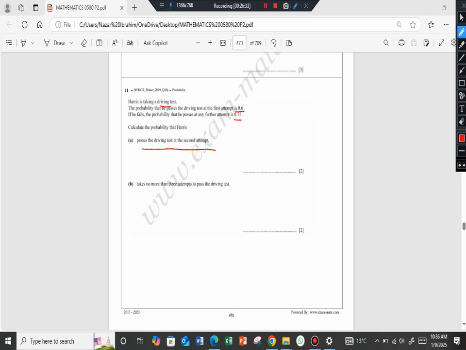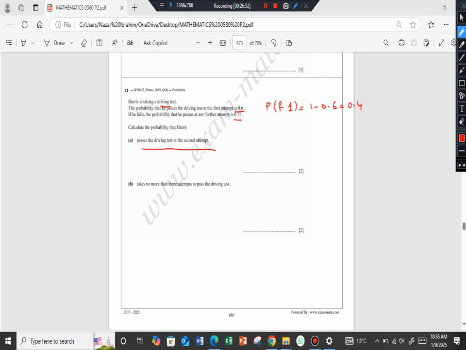So the probability that he passes the driving test in the first attempt is 0.6. So the probability that he fails in the first attempt is 1 minus 0.6, which is equal to 0.4. If he fails, the probability that he passes at any further attempt is 0.75.